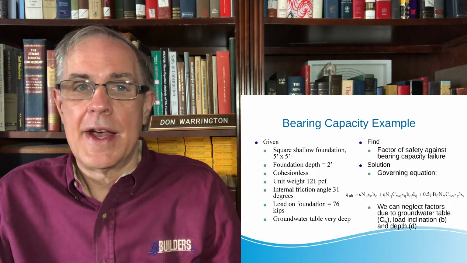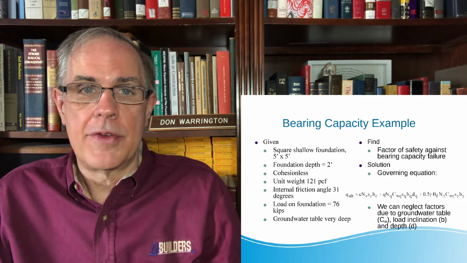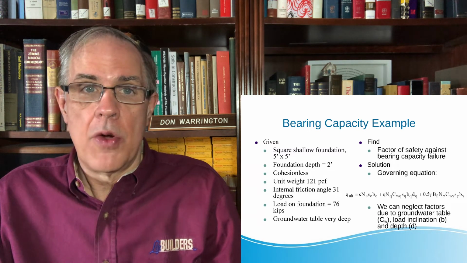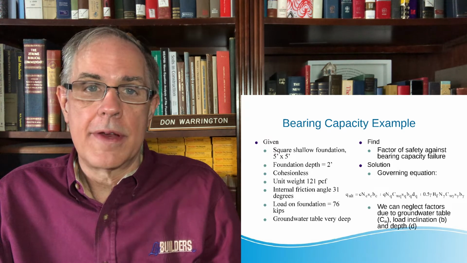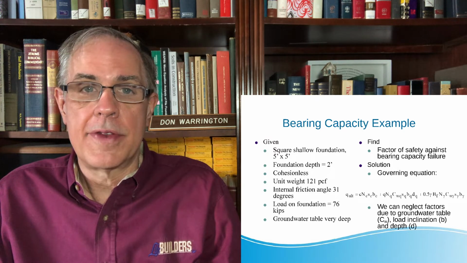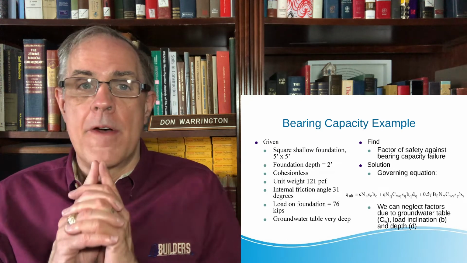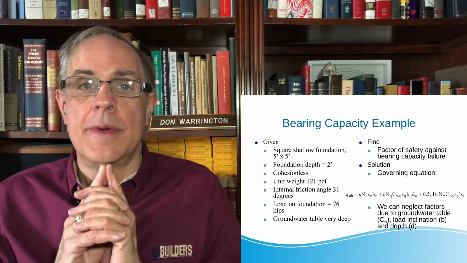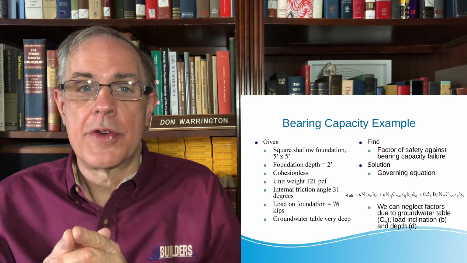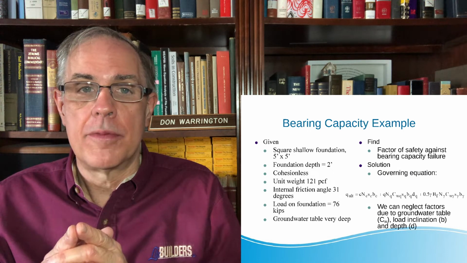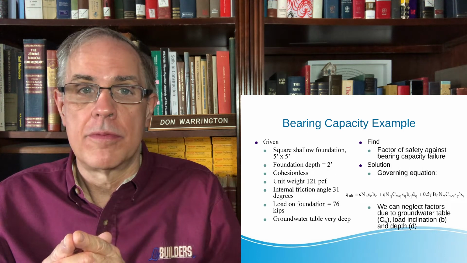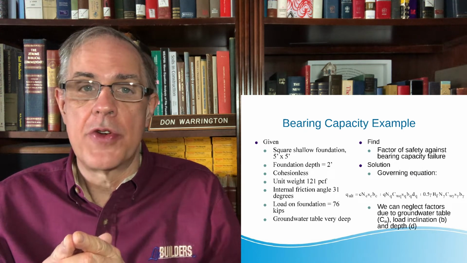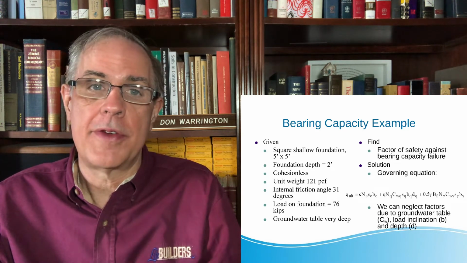Now, I want to emphasize something that I do that trips students up frequently. There are two ways of looking at a factor of safety. I could set this problem up so that you're going to design it: you determine the ultimate, which is your upper bound solution, and then you reduce that by a factor of safety to an allowable.